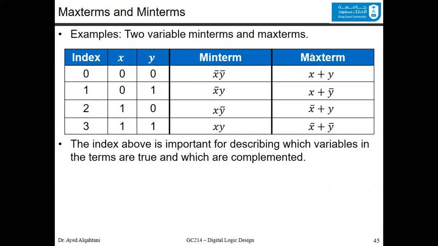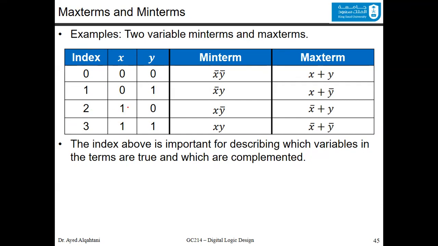Now, for the max terms, you are actually looking at it the opposite way. If you have a 0, it will be x or y. Here, it will be x or y bar because it's 1 here.